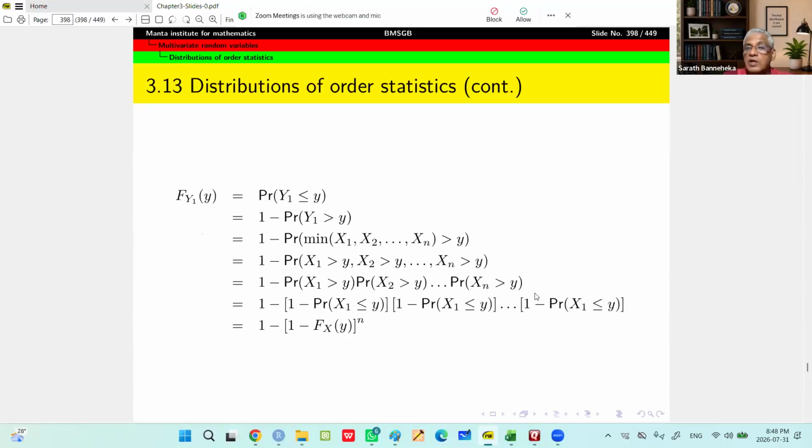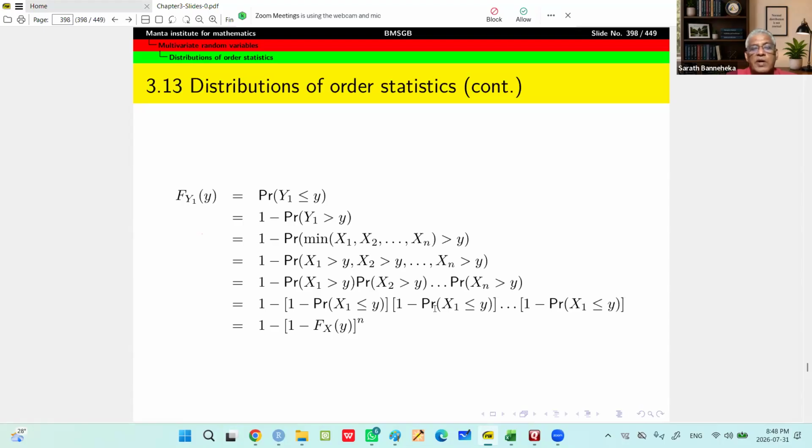Now remember, X1 up to Xn are identically distributed as well. So X1, X2, X3 all have the same distribution. So I will now write this one as 1 minus the probability that X1 is less than or equal to y.